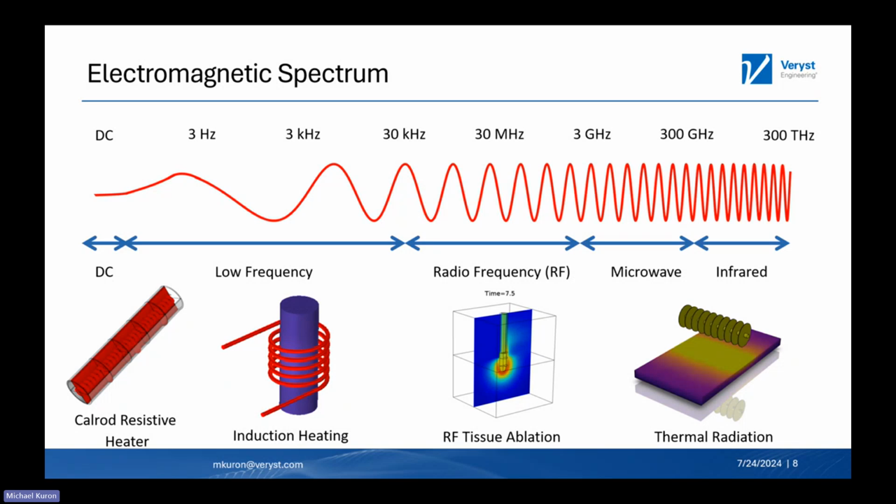And finally, all the way to the right is the infrared spectrum, where we consider things like thermal radiation, which we can see in the finned heater on the bottom right, where thermal energy is transferred by infrared waves, and is very commonly encountered in many different types of heat transfer problems.